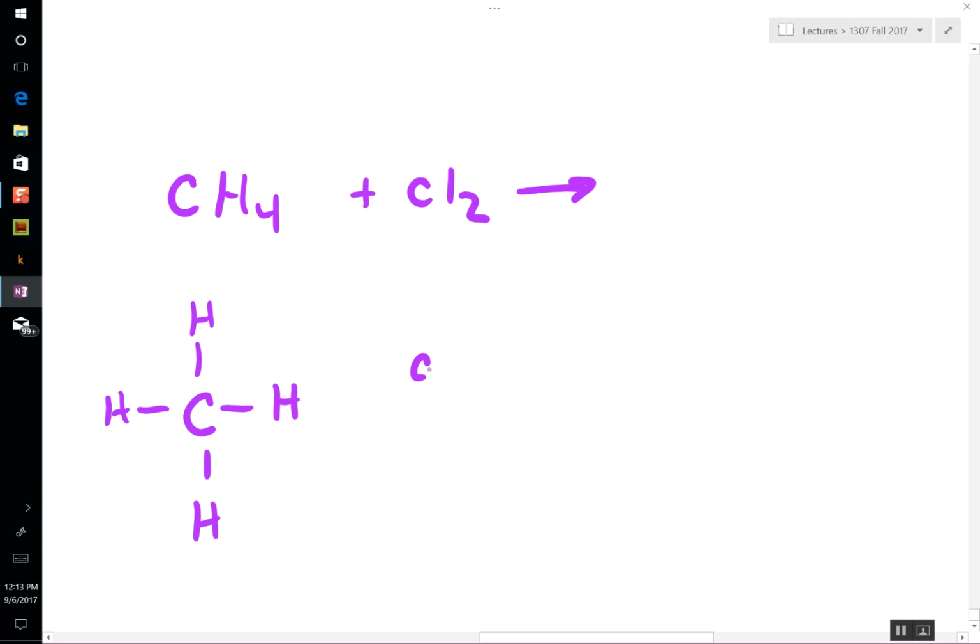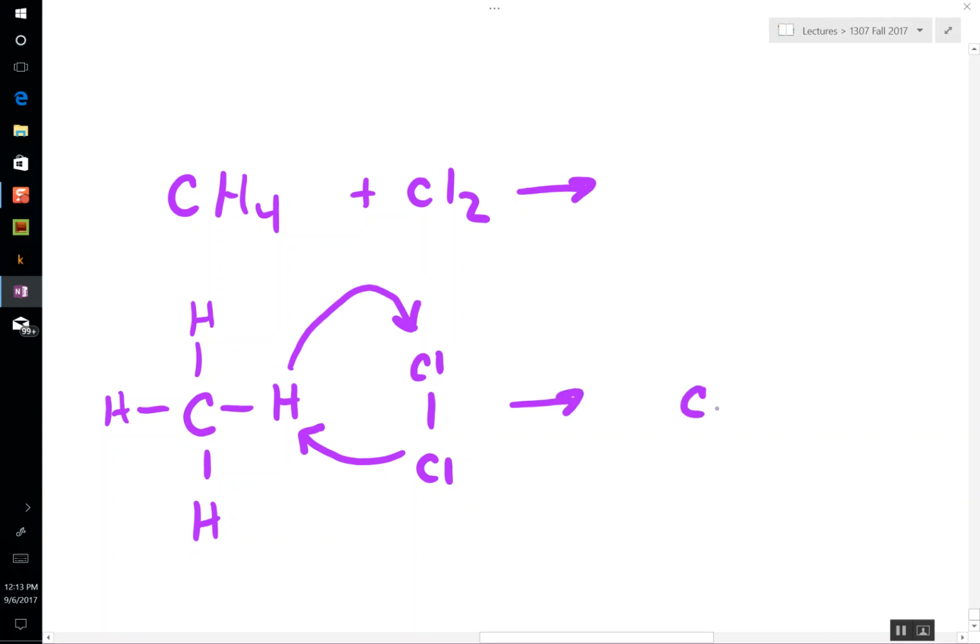What do I mean by that? Substitution. So we're classifying it a little bit here. A chlorine is going to substitute for a hydrogen, and a hydrogen is going to substitute for that chlorine.